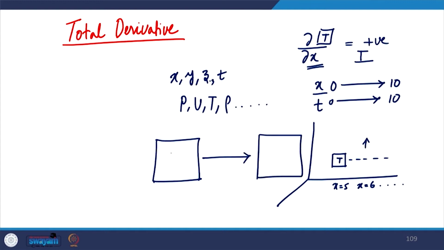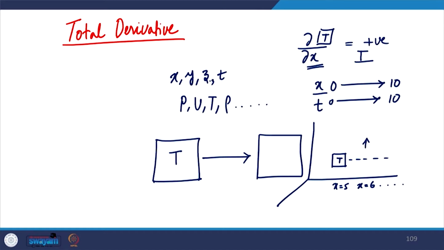If there is a temperature T inside, and the volume goes from one point to another, what will happen to the temperature due to the motion itself, not because of other physical quantities?